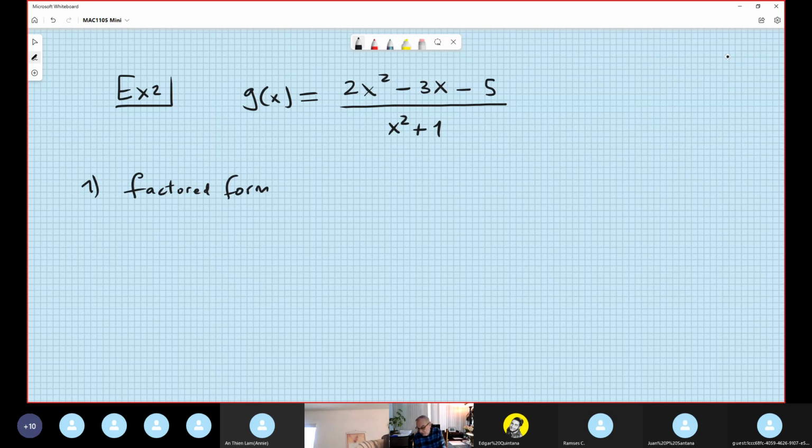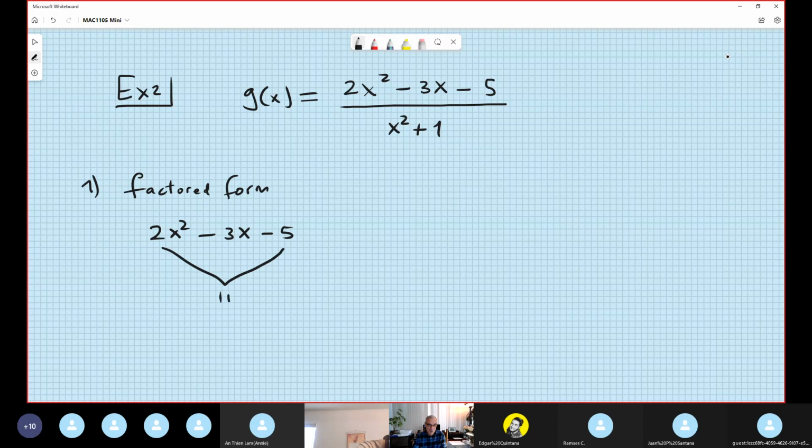Some people try to find other things first, and say no. The first thing is factorization. In the top we have a trinomial. This trinomial is special, complicated, because the coefficient here is 2. So you multiply this number.